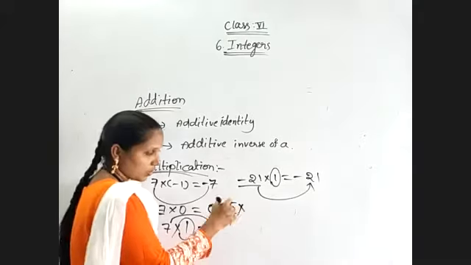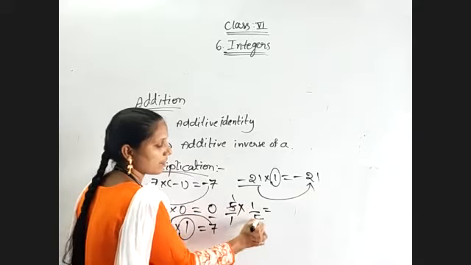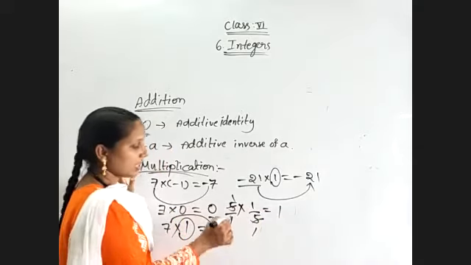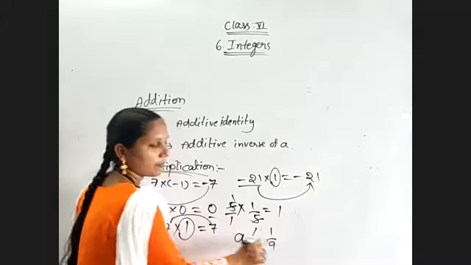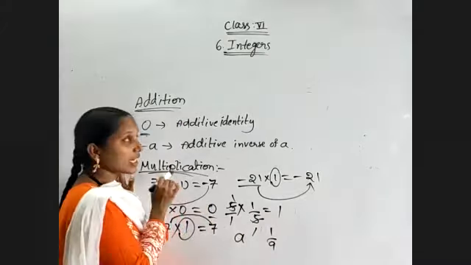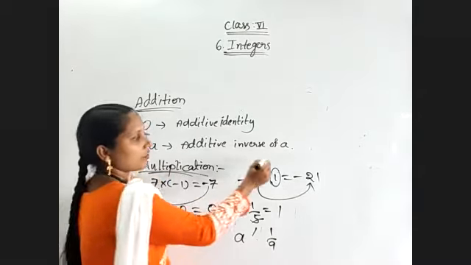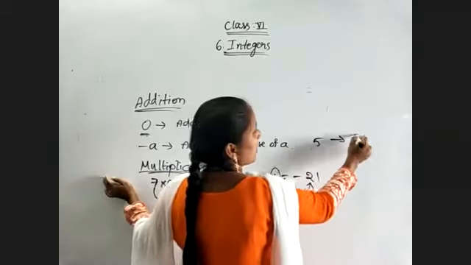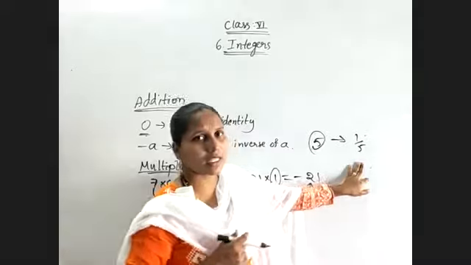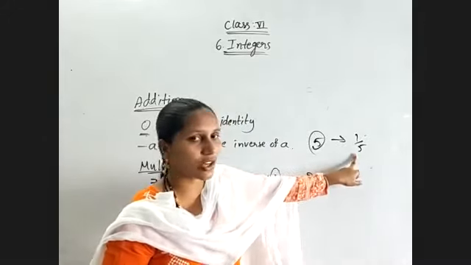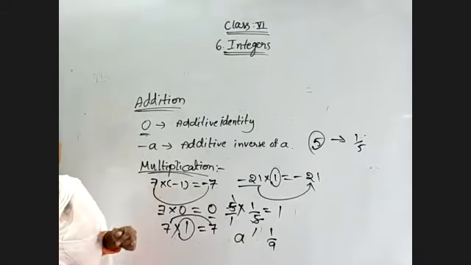So take its reciprocal, 1 by 5. 5 ones are 5, ones are 1, so I am getting 1. Means the multiplicative inverse of any number A is equal to 1 by A. But observe here, we are talking about integers. The multiplicative inverse for 5 we got as 1 by 5. But 5 is an integer, is 1 by 5 an integer? No, it is a fractional number. That's why multiplicative inverse does not exist for integers.